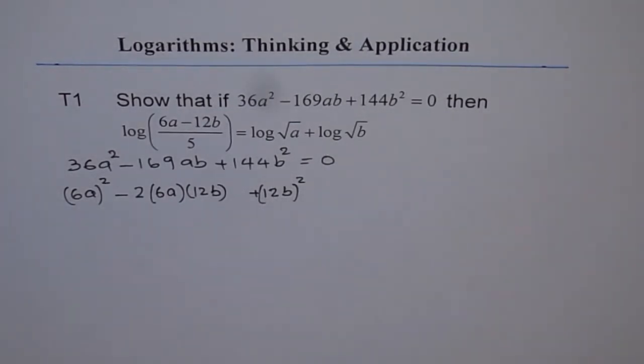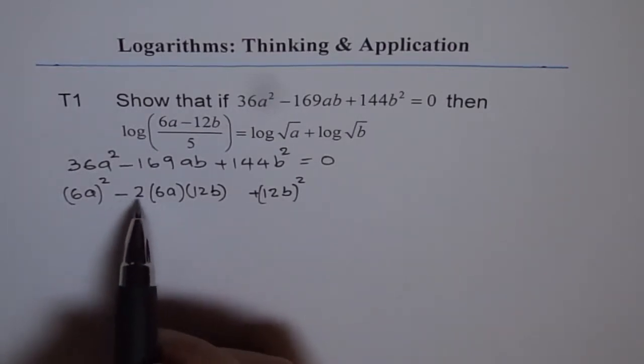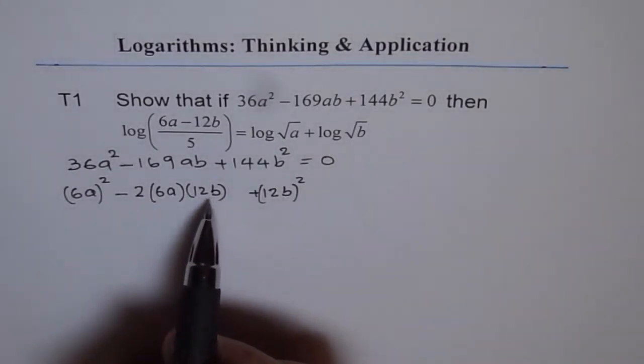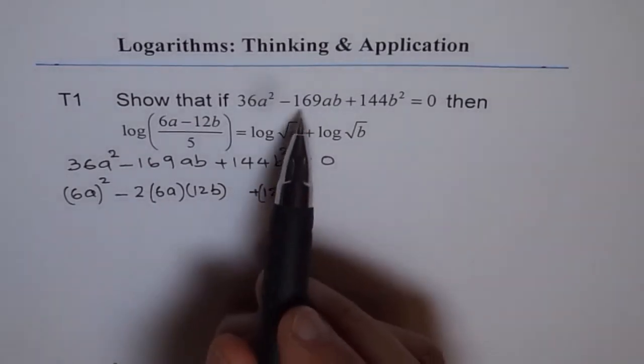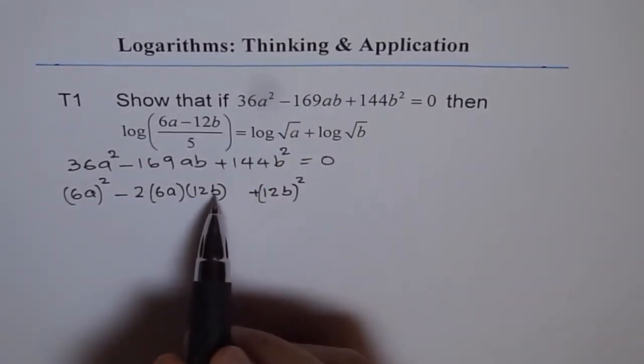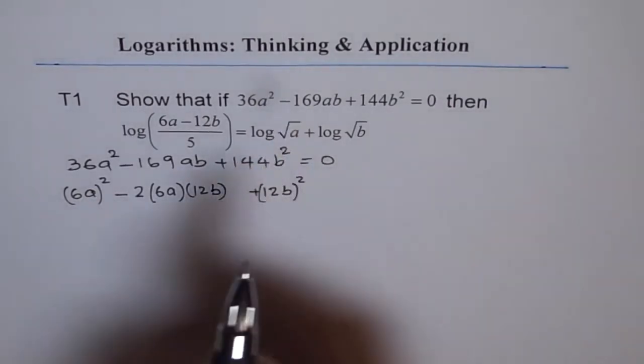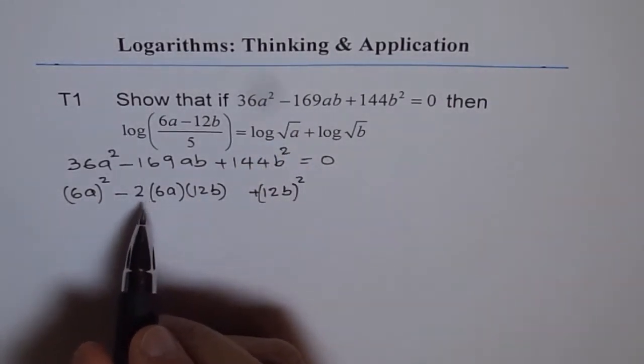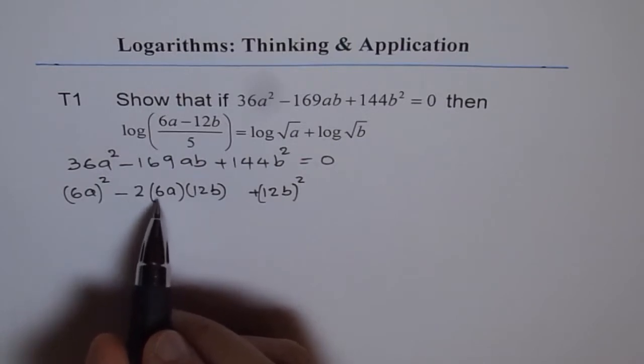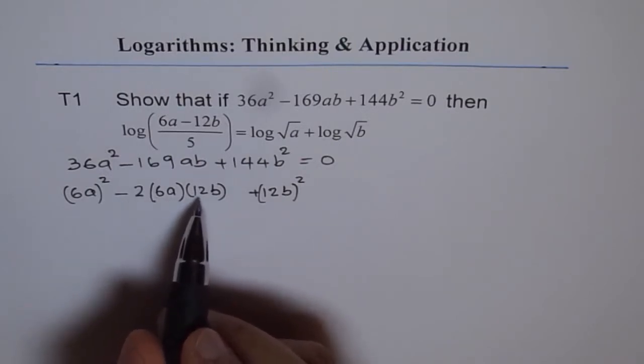Now let me do my math on the side: what is 2 times 6a times 12b, and how different is it from 169? The a and b terms are already there, but we need to check the number. 2 times 6 is 12, 12 times 12 is 144.